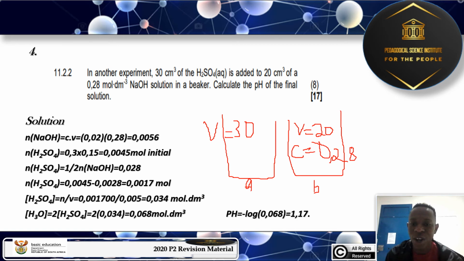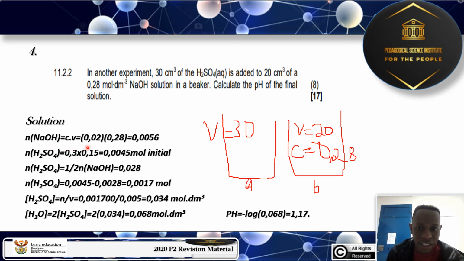The first step: which beaker has all the information? It is the base, the sodium hydroxide. So we are going to start by calculating the number of moles of what? Of the sodium hydroxide. That is why we're going to say number of moles of sodium hydroxide is equal to concentration times volume.